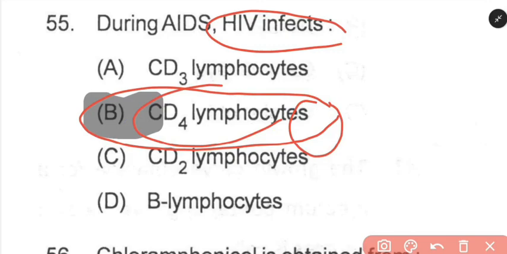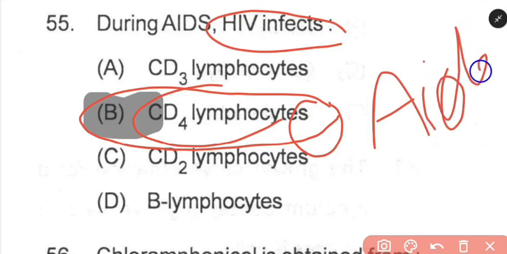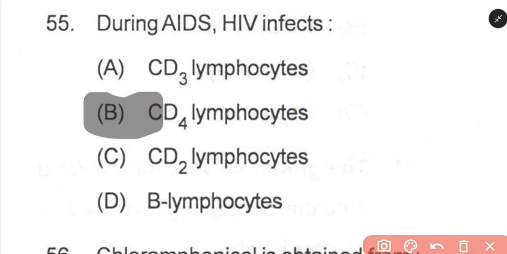That's why after AIDS, a person becomes susceptible to various diseases and finds it very difficult to recover from them. So HIV infects CD4 lymphocytes.